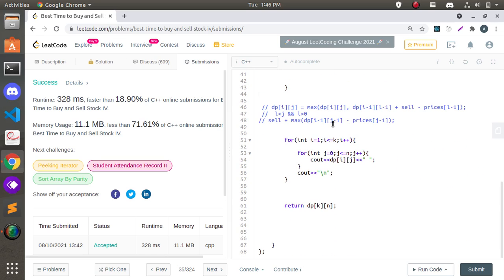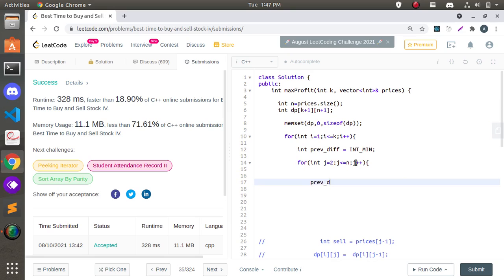Here we are trying to make it maximum, so just take the maximum of trade diff, whether to take that or the minimum part, that is j minus 1, right?